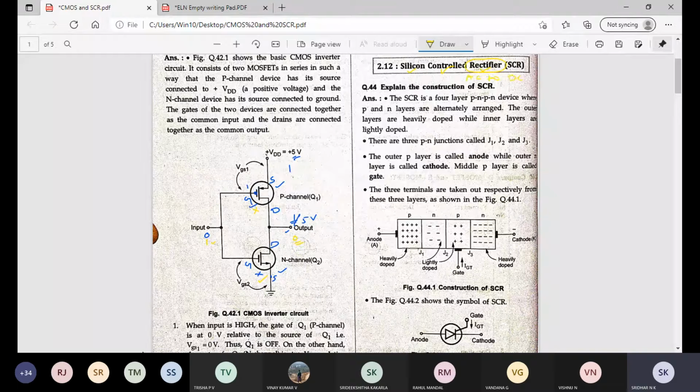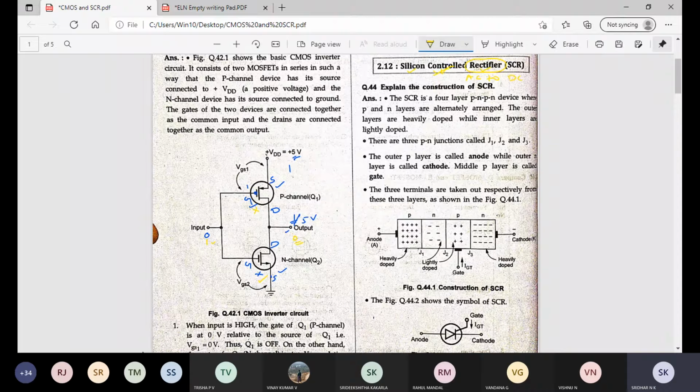What does controlled mean? It controls how much, in percentage, the AC is converted to DC. This device converts AC to DC, but how much AC is converted to DC is defined by this control. That's why it is called controlled.